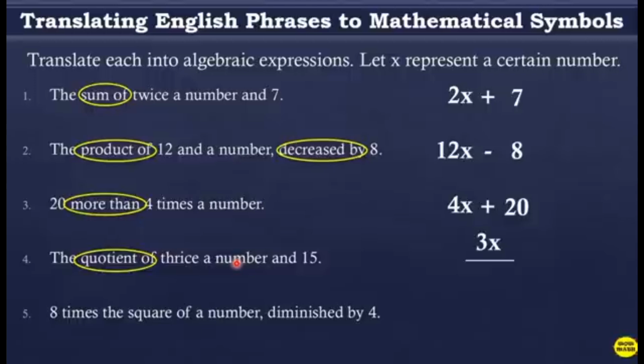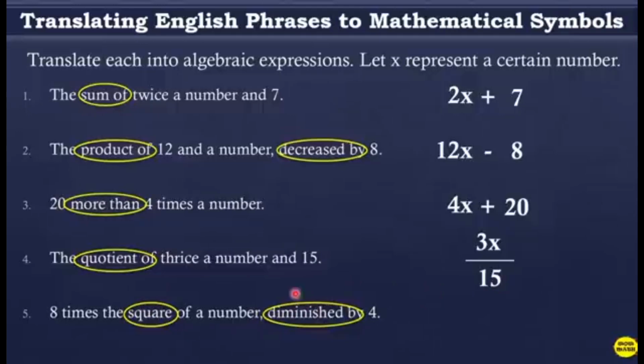So we have thrice a number is 3x and 15. So the quotient, meaning the divide. So the quotient of 3 times a number, 3x, and 15. 3x divided by 15.